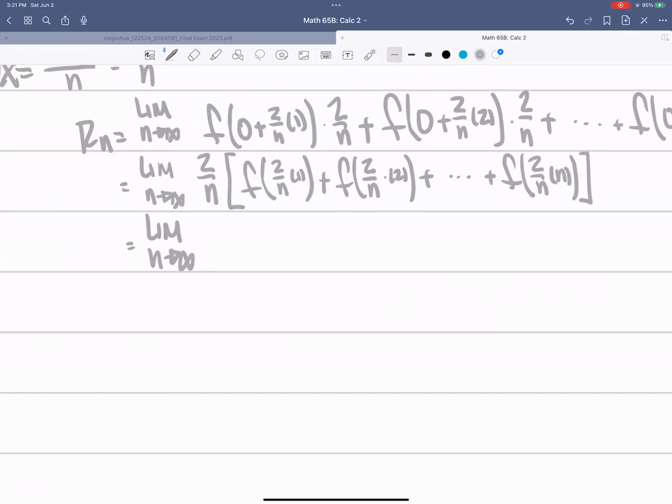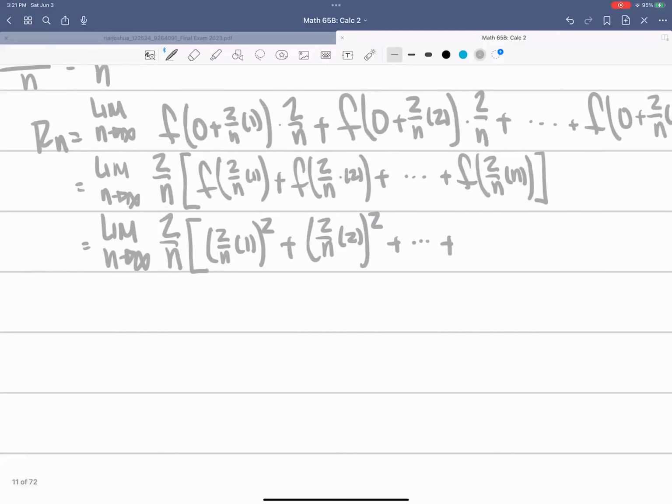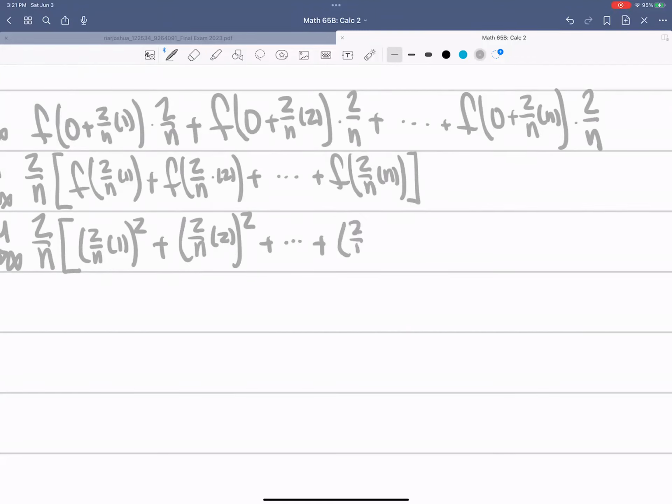The limit as n goes to infinity of 2 over n times 1 squared plus 2 over n times 2 squared plus 2 over n times n squared.